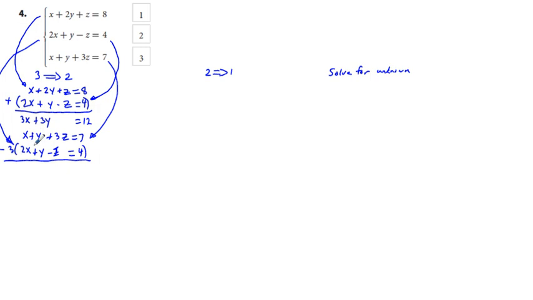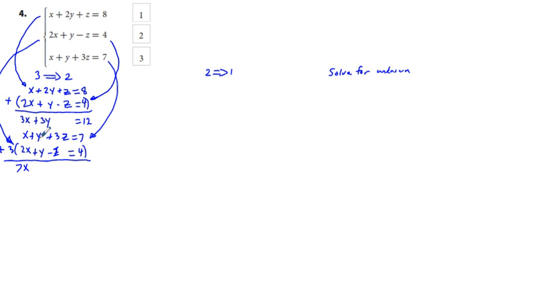Now you can do these all in your head like this, like we have. What we have is x minus, actually we're going to add these together. Oops. Add 3. Okay, let's see why, because we're going to eliminate this z. So we have x plus 3 times 2x is going to be 7x.